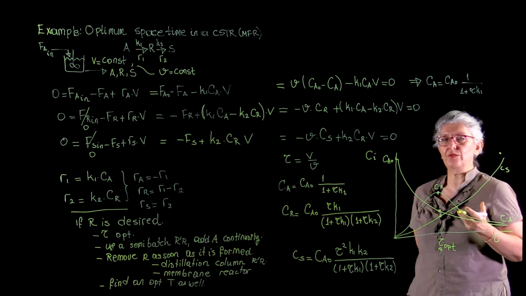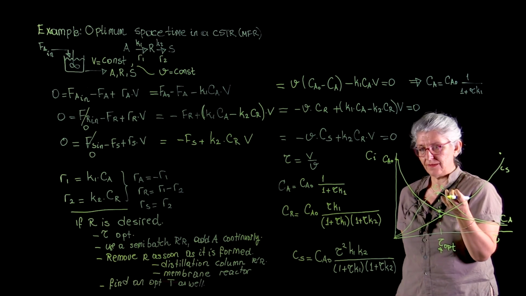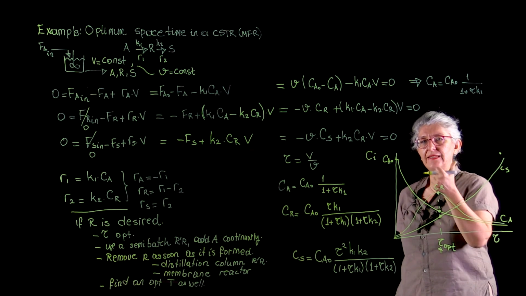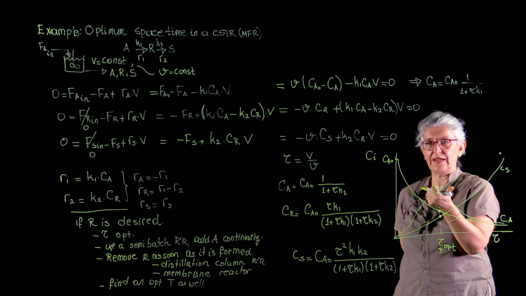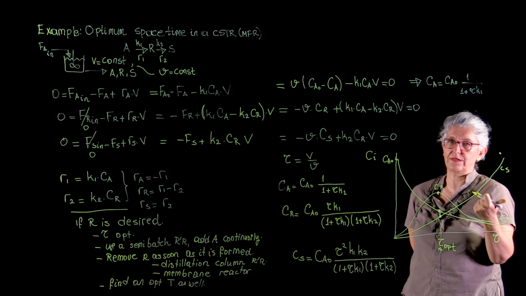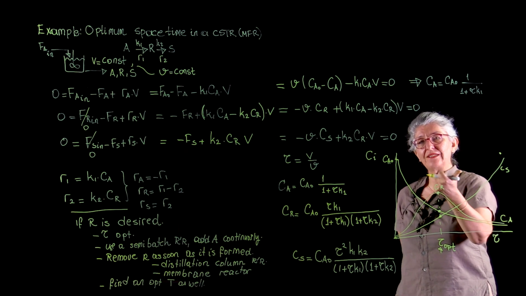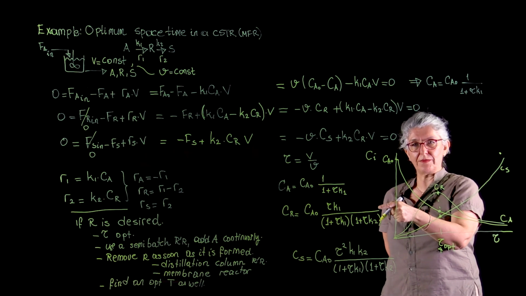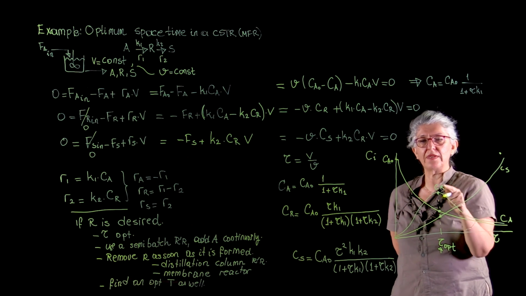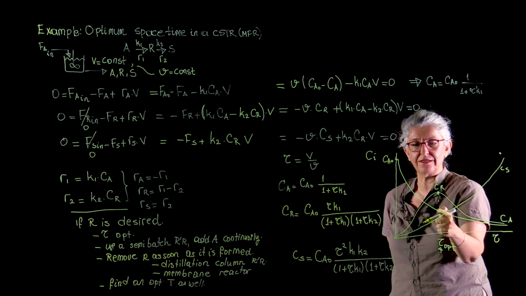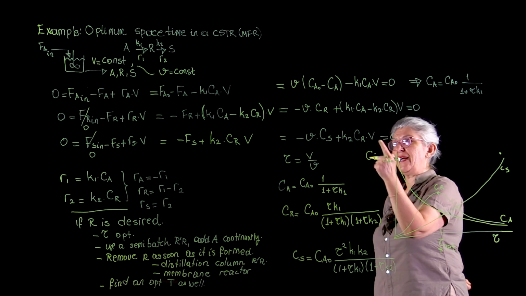Still, I have to separate R from A from S. If S is undesired, I have wasted some of my useful reactant for a useless product. And also, that introduced a separation problem, which I have to solve. And also, I need to separate valuable reactant from the rest of it to recycle it back.